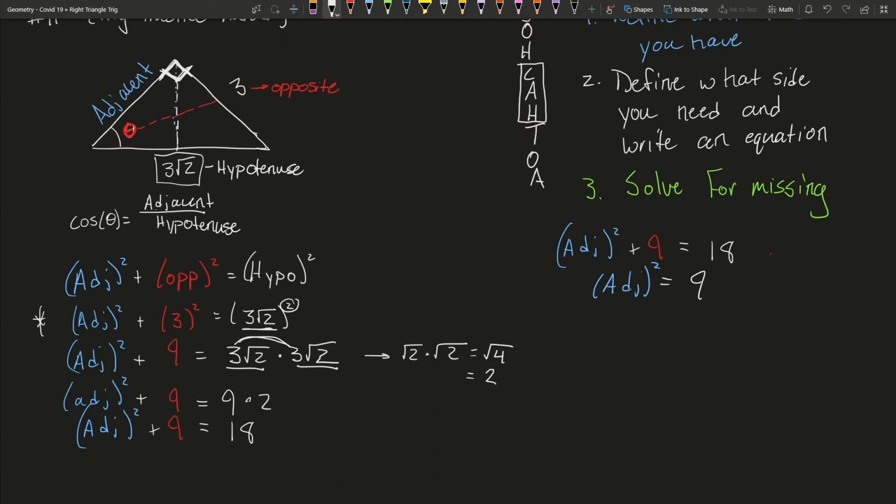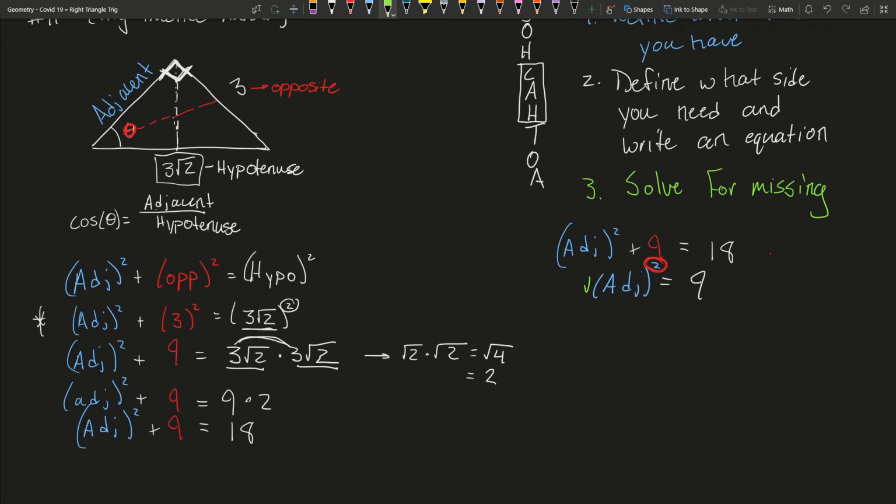But we're not solving for just the adjacent squared. We're solving for the adjacent, so we don't want the number squared, we just want the number. In order to get that, we have to undo the square, and in order to undo a square, you have to take the square root.